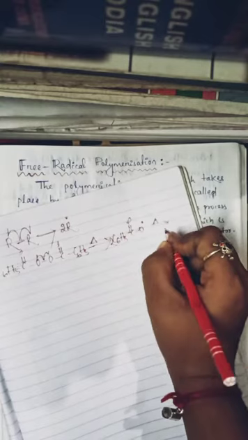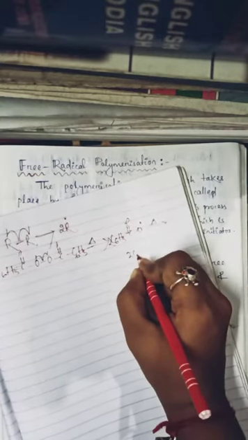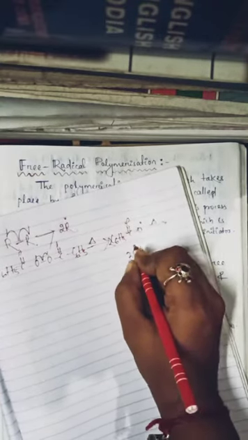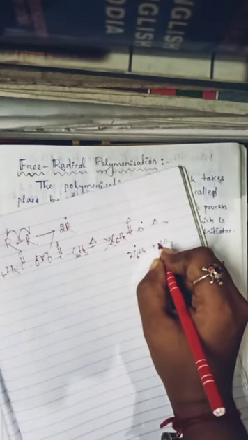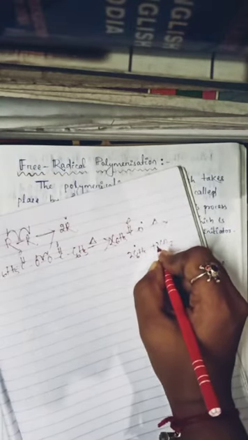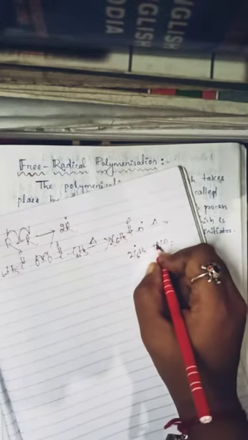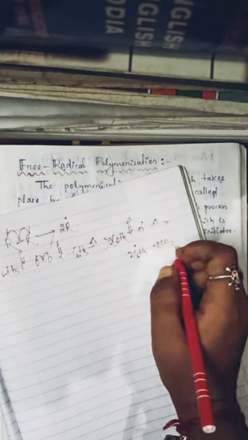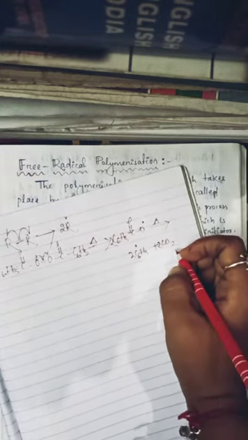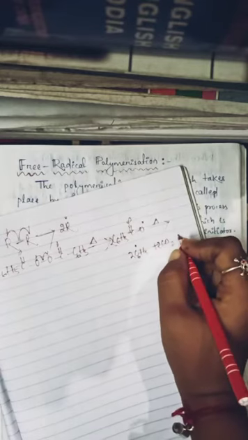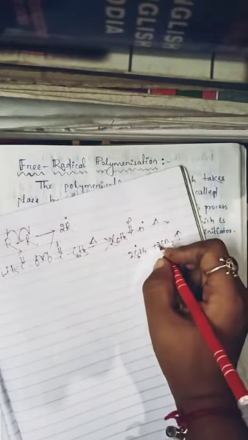Again heating, we get 2 C6H5 radical plus CO2. CO2 gas.